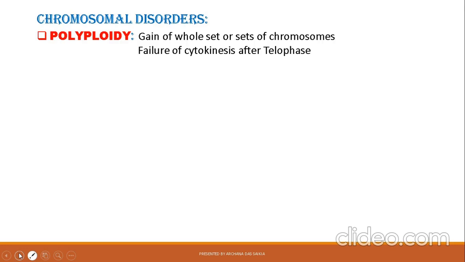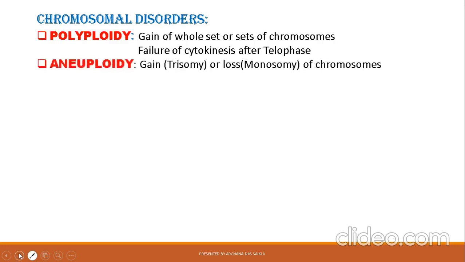But it does not happen. The separation wall does not develop, and then the 2 new sets of chromosomes remain within the same cell, so consequently the whole set of chromosomes doubles. So that is known as polyploidy.